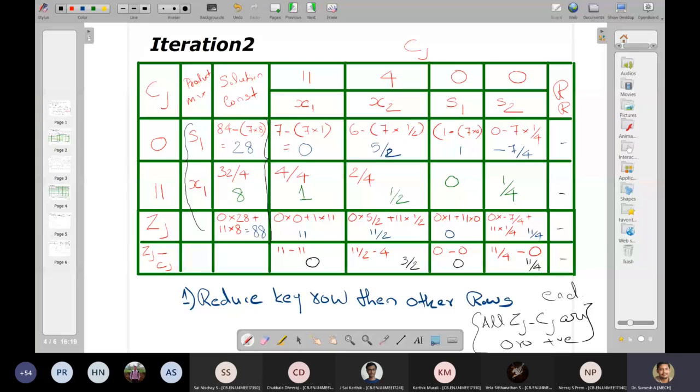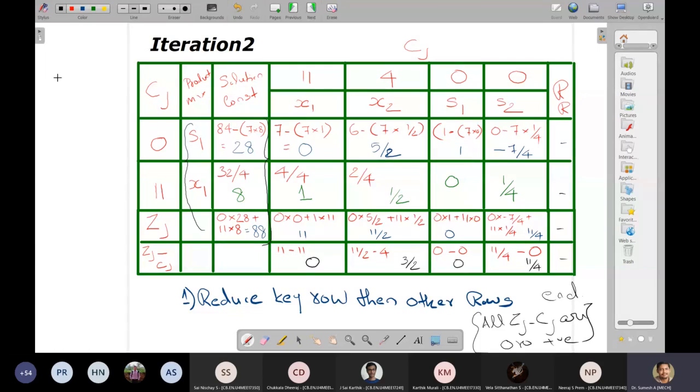As per this problem, the result is S1 equals 28, X1 equals 8, X2 equals 0 and Z max equals 88.